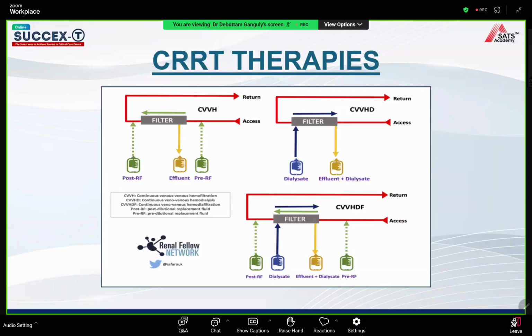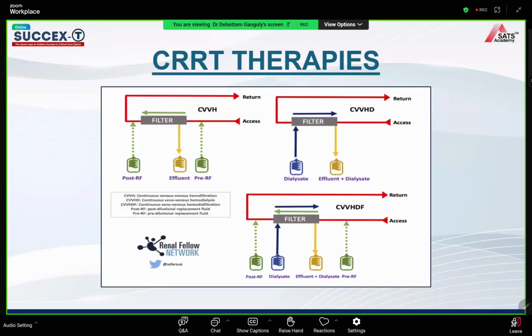There is no need of dialysis, no need of replacement fluid and all. So this is the basic thing, that is SCUF. It is used to treat volume overload. But the volume removal rate is very slow, around 100 ml per hour. So this is the basic principle.